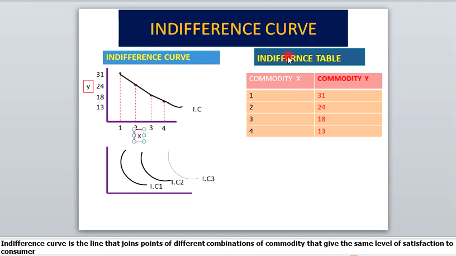Look at this table now. We have commodity X and commodity Y, which a consumer consumes simultaneously, that is at the same time.